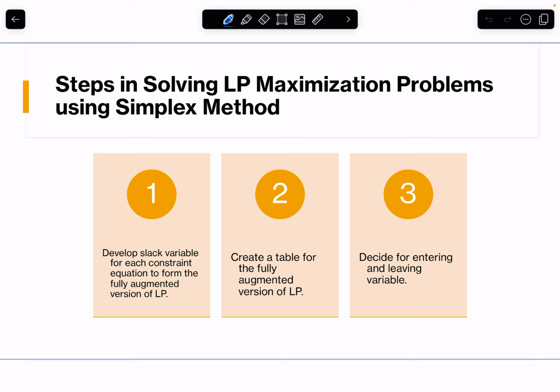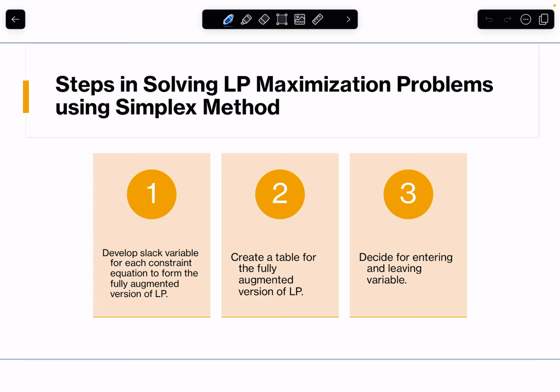Okay, so the linear programming, which consists of the objective function as well as the constraints, can be formed into the augmented LP version by introducing the slack variable for every given constraint. And then we create a table for the fully augmented version of the LP.